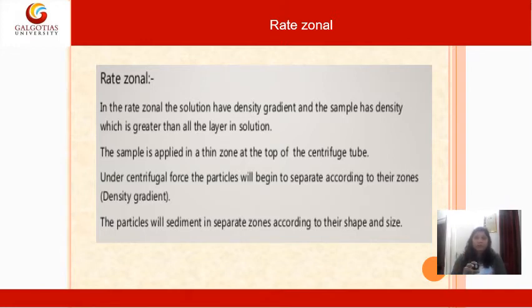Overall, the average density of the sample should be greater than the density of all layers of the solution. Thus, the sample is applied in a thin zone at the top of the centrifuge tube. Under centrifugal force, the particles will begin to separate according to their zones, that is, the density gradient. The particles will sediment in separate zones according to their shape and size.